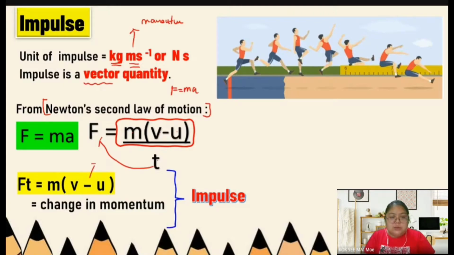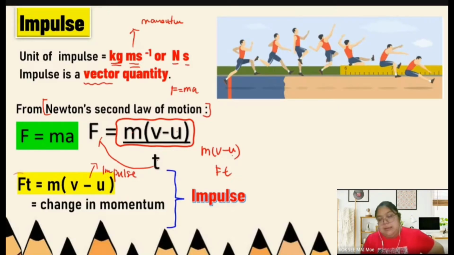This is what we learned just now: impulse. So impulse can also equal Ft, and impulse can also equal m(v minus u). That is why if I say Ft, the unit newton second can be used. So for impulse we can use this formula or this formula, depending on what information they give you.